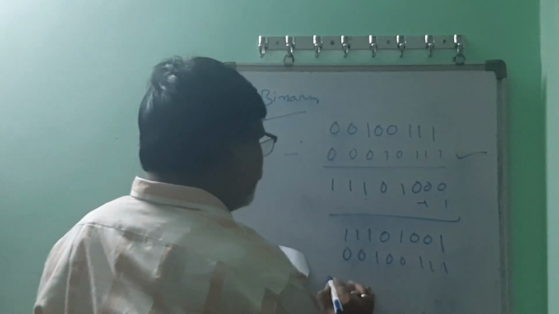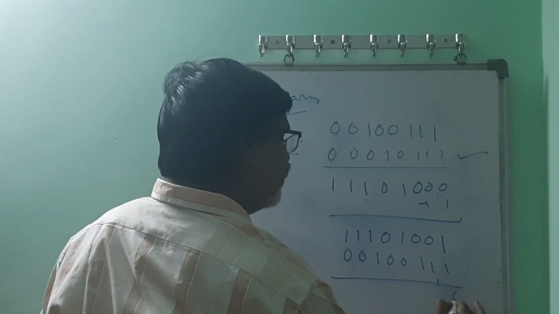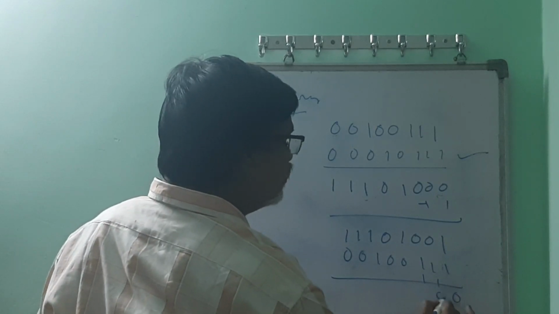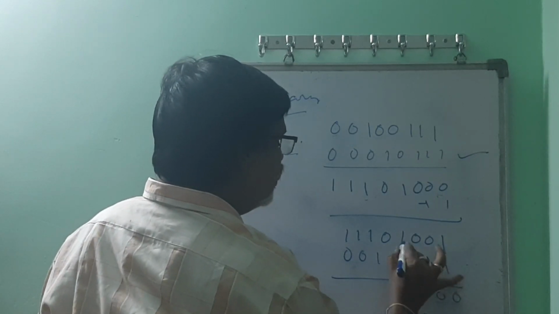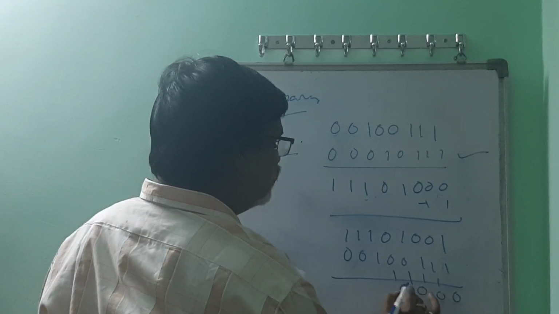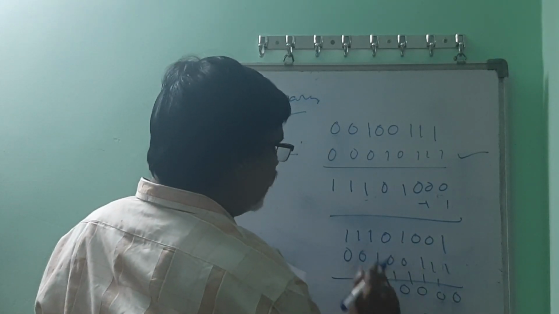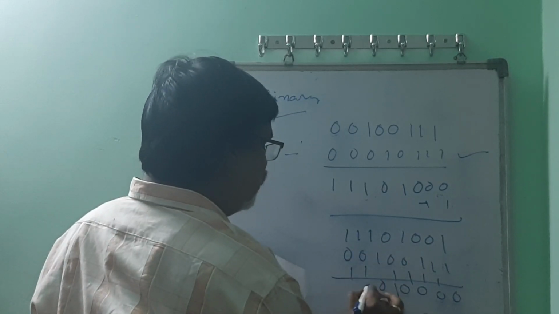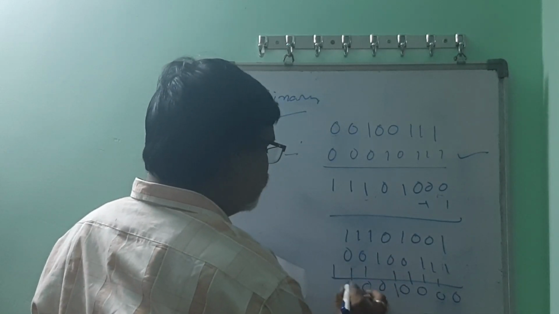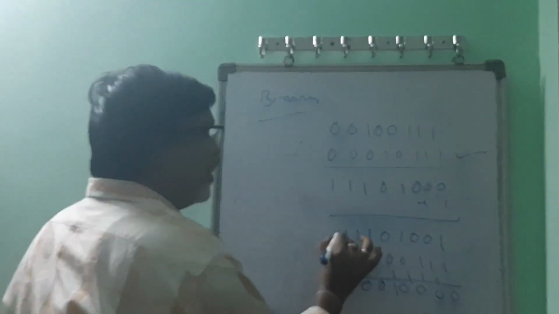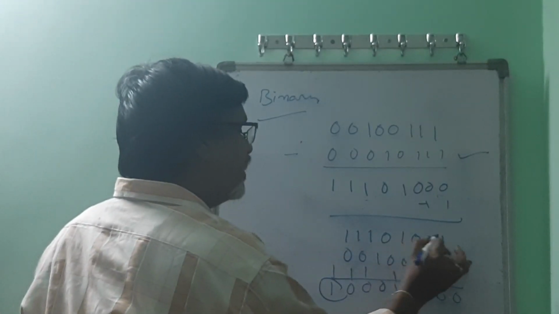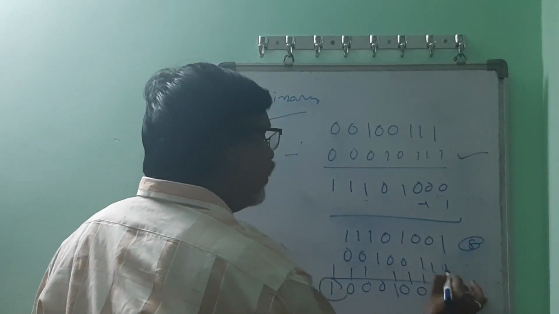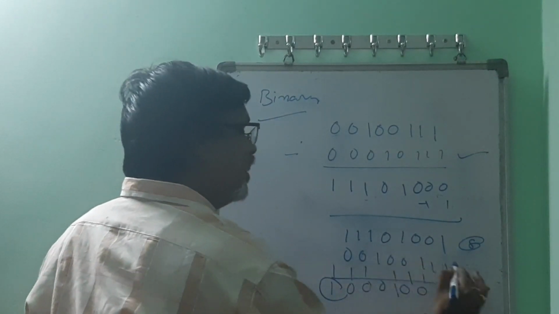When you perform this addition, you get an extra bit here. So what is this extra bit? Count the bits: 1 2 3 4 5 6 7 8, 8 bits.